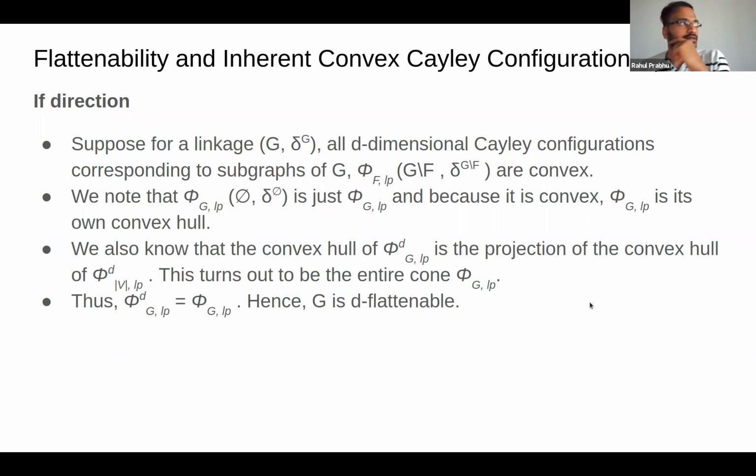Okay, so we'll talk about the if direction of the proof. I think Sean gave this proof, right, Sean? I think so.